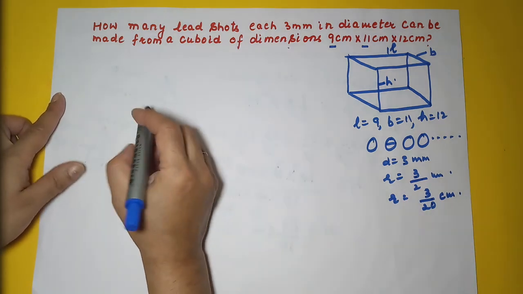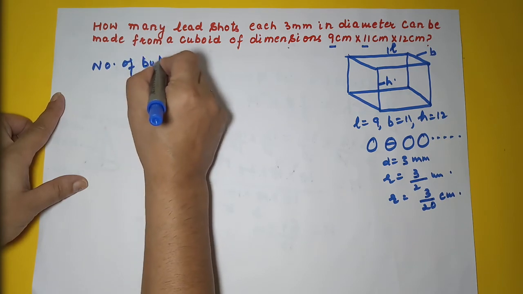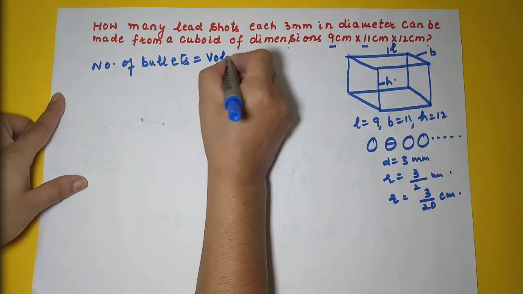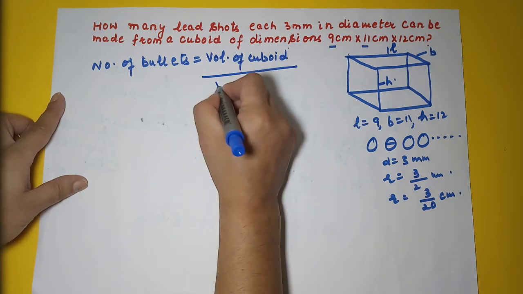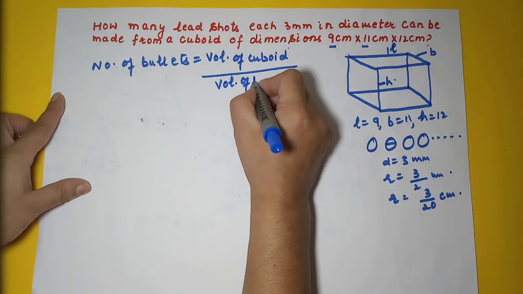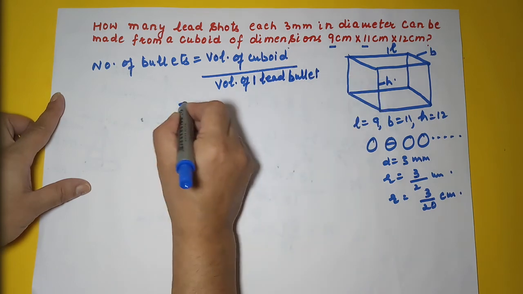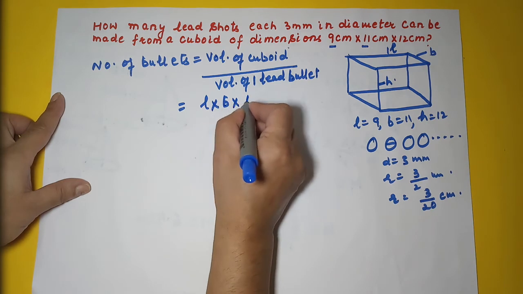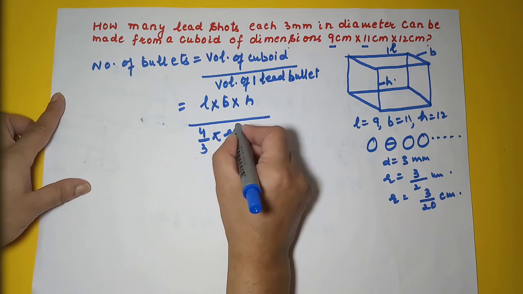Fine. Now we know how to find the number of bullets. That is equal to the volume of this cuboid divided by the volume of one lead bullet. Now we know how to find the volume of a cuboid: length into breadth into height, and volume of a lead bullet is 4 by 3 pi r cube, right?